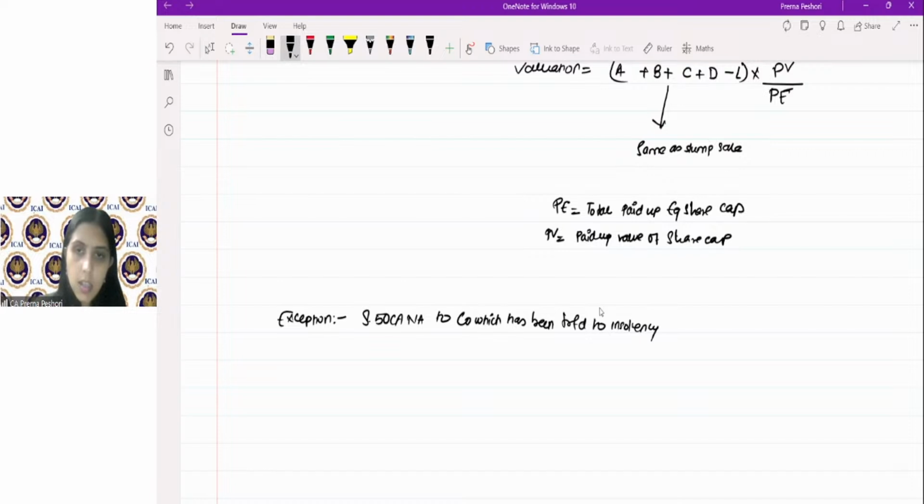Insolvency resolution, that is A. And secondly, B is where the tribunal has suspended the board of directors.